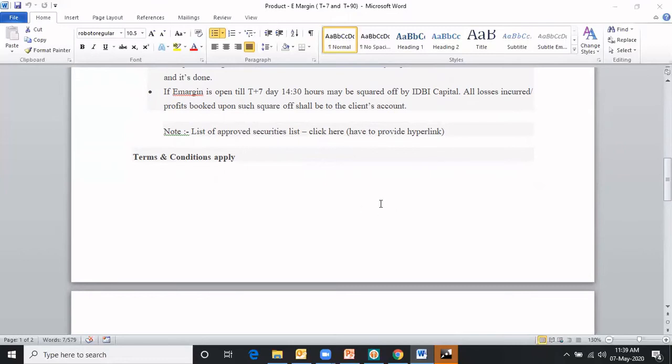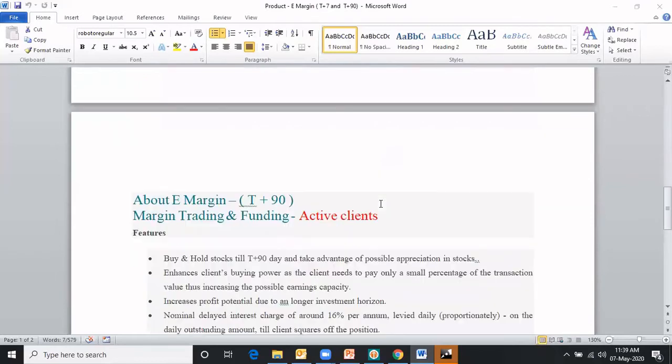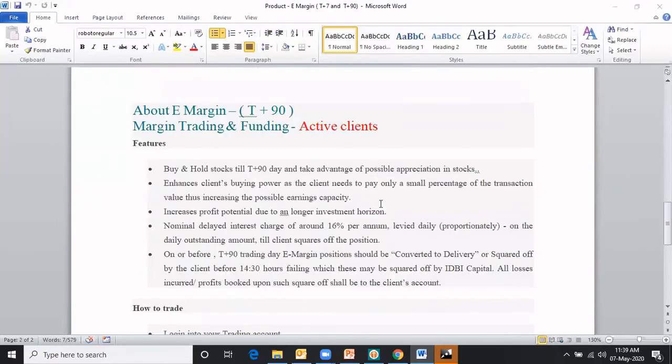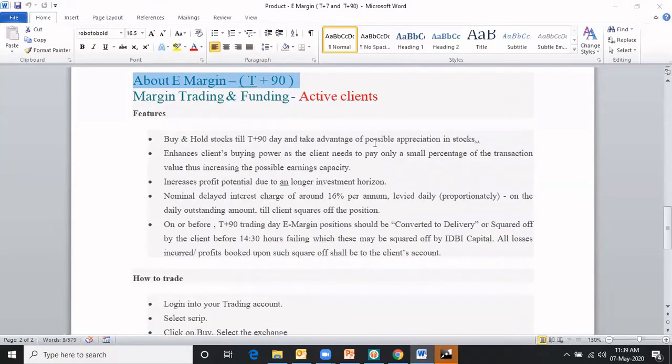Now coming to the same product, but for those clients who have MTF, that is margin trading facility, activated in their accounts. For them, this product is for T plus 90 instead of T plus 7. So suppose I am an MTF client of IDBI Capital, then in e-margin I'll get a facility to hold the stock till T plus 90.